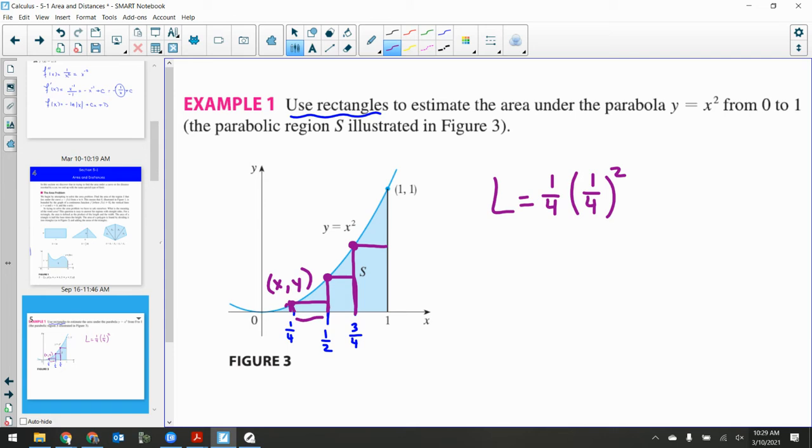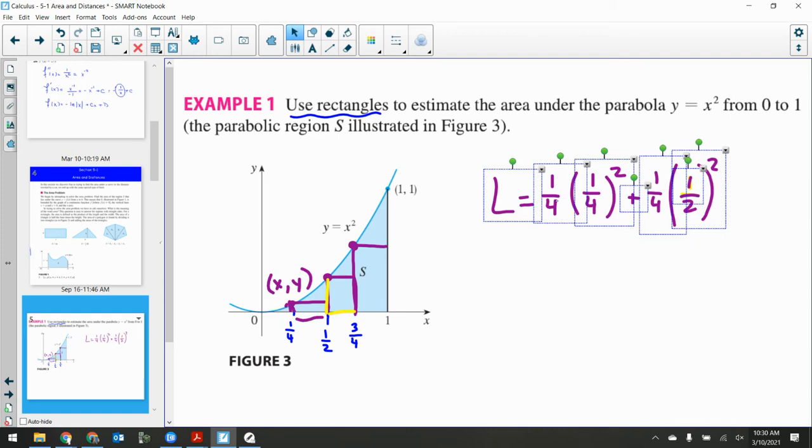Let's take a look at the next rectangle. I'm going to add, because again, area is the sum of all of the little pieces of the area. Again, this base in here is 1/4. So I'm going to say 1/4 times its height. The height of this rectangle is when I plug in 1/2 comma y, so 1/2 squared. Let me move this over a little bit so I have more room.